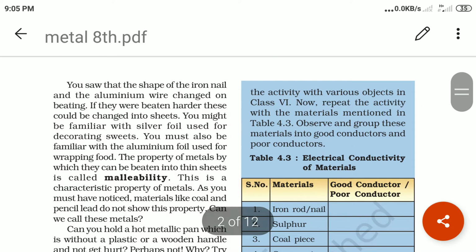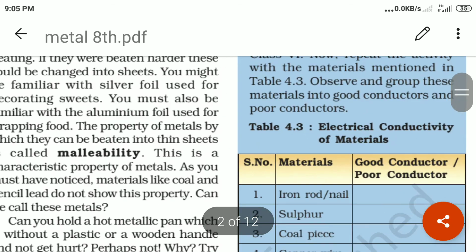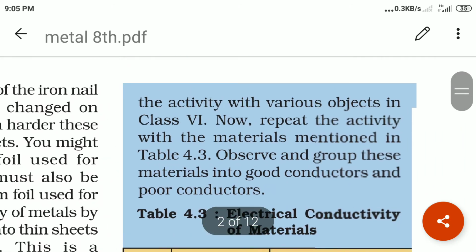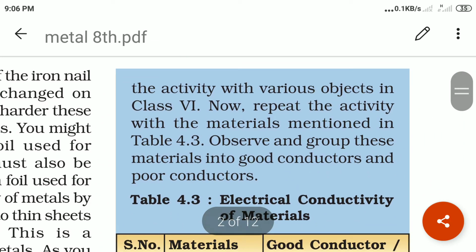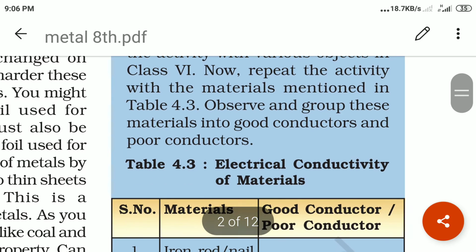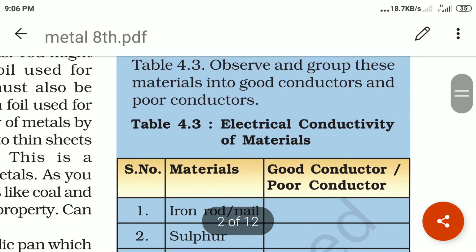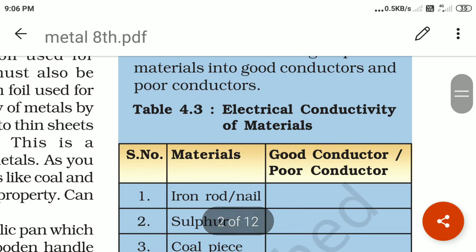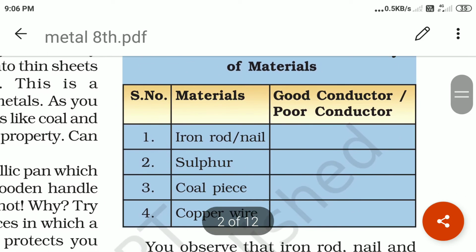Here is the activity with various objects in a class. Now repeat the activity with the materials mentioned in Table 4.3. Group these materials into good conductors and poor conductors.